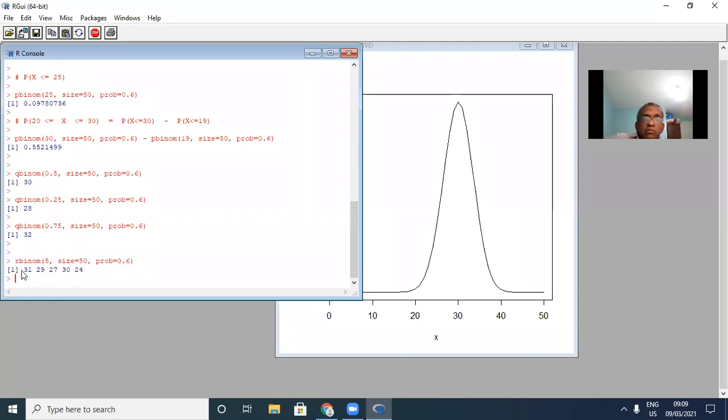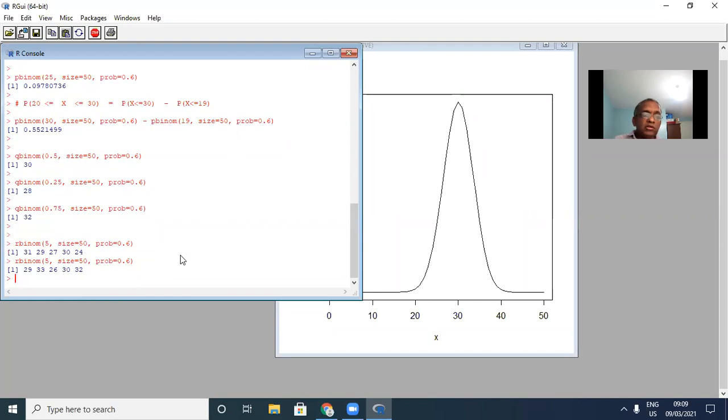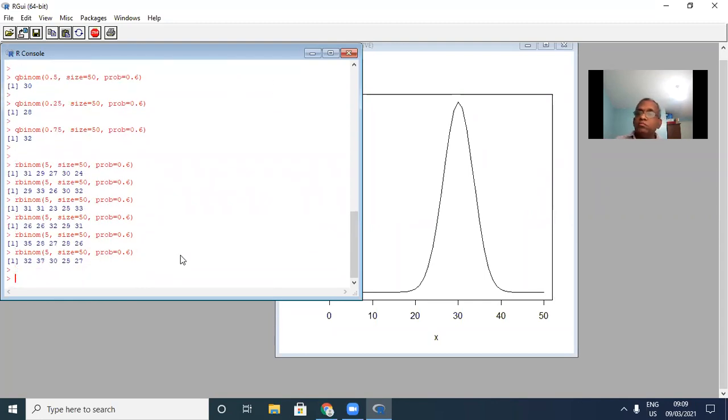Every time you repeat, you get different numbers because they are random. They may not be exactly the same.